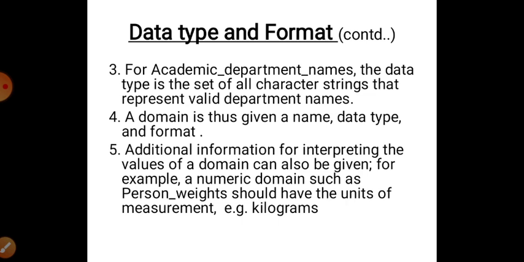A domain is thus given a name, data type and format. Point number 5. Additional information for interpreting the values of a domain can also be given. For example, a numeric domain such as person weights should have units of measurement, for example kilogram or pound.